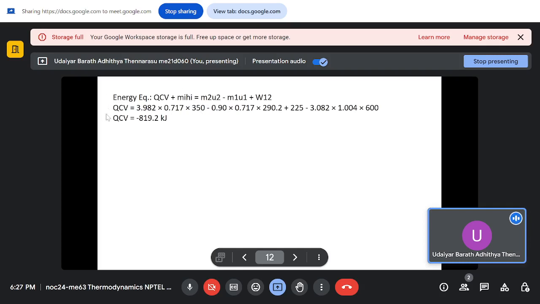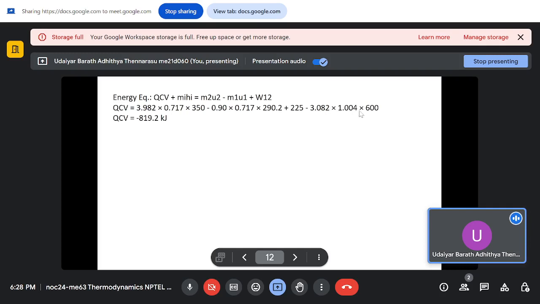So substituting that, m2 into u2, u2 is written as Cv into T. Cv of air is 0.717 kilojoule per kg Kelvin. At state 2 your temperature is known as 350 Kelvin, and similarly at state 1 you can find out internal energy, and the work done is 225 minus your mass which has come in, 3.082, into Cp.